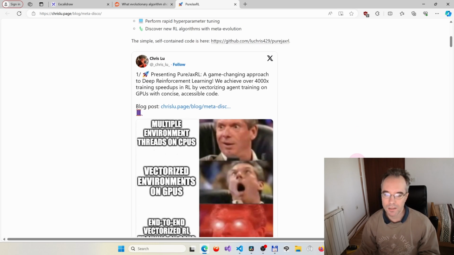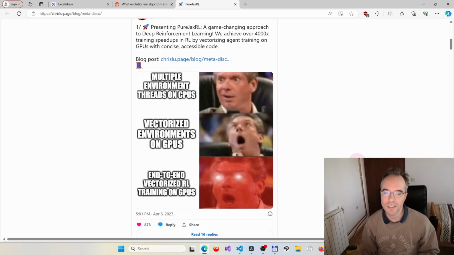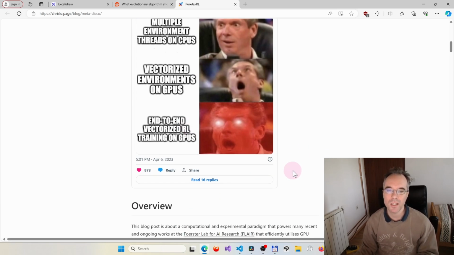It's more than just vectorizing the agents or hyperparameter search. They actually went the next step, much like we are, and they have created vectorized environments on GPUs. And when you put everything on GPU, you have end-to-end vectorized RL training on GPUs.